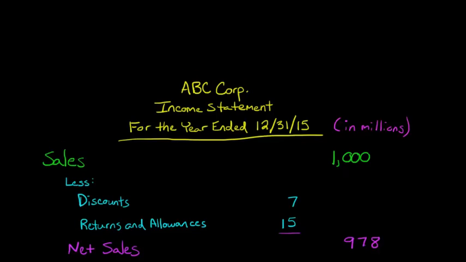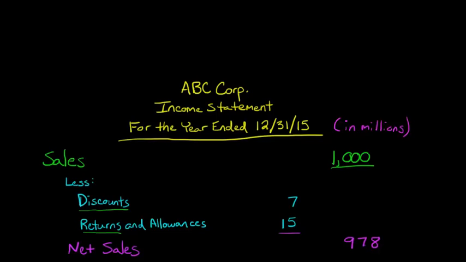What we're going to notice is that when we start with this sales figure, we don't just leave it at that. We've got to make some adjustments. We want to get to net sales, and we do that by asking: did we have any sales discounts during the year? Did we have any sales returns or allowances? We have to net those things out. If we discounted some of our sales, then we didn't get as much in sales.